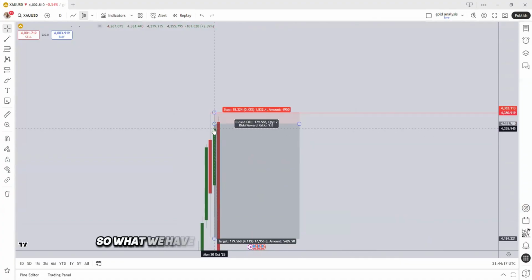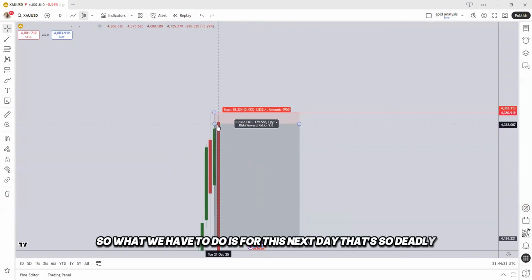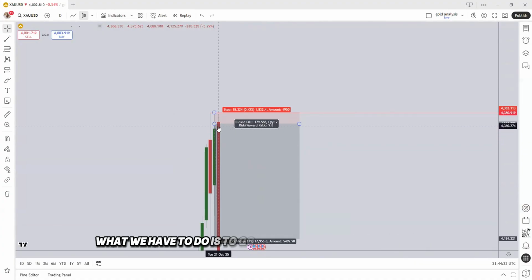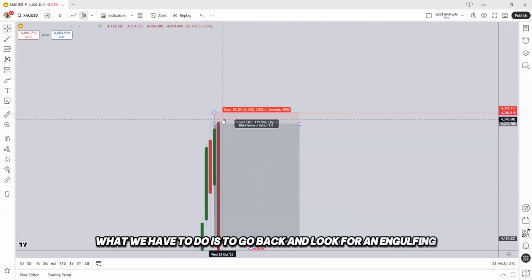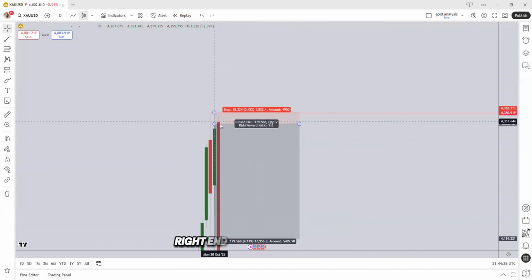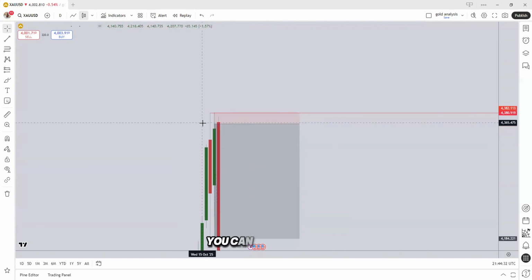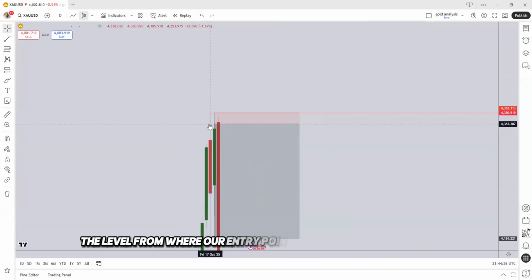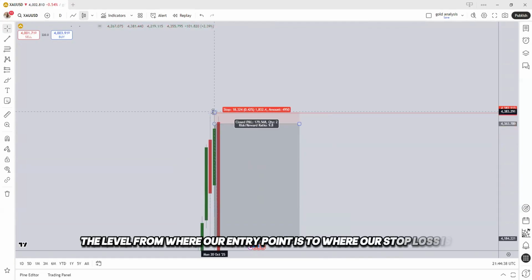So what we have to do for this next day is go back and look for an engulfing inside of this level, right? You can see the level from where our entry point is to where our stop loss zone is.